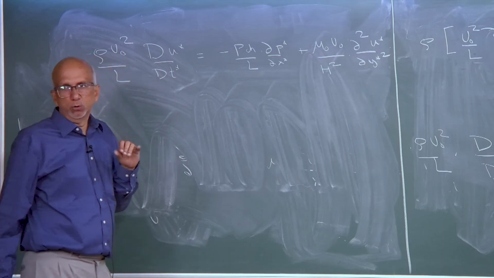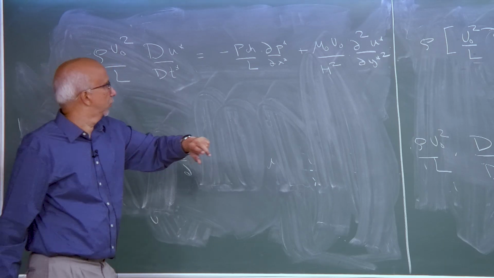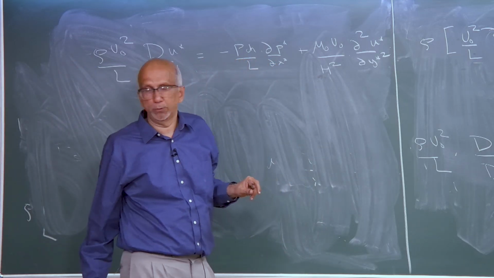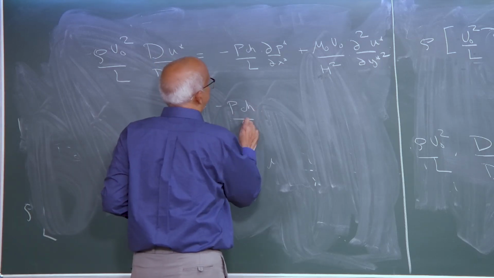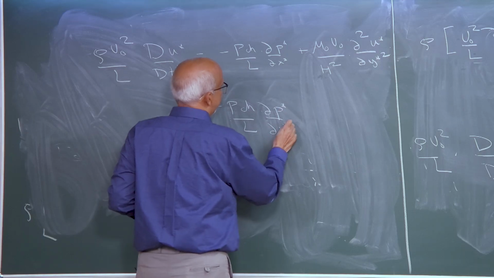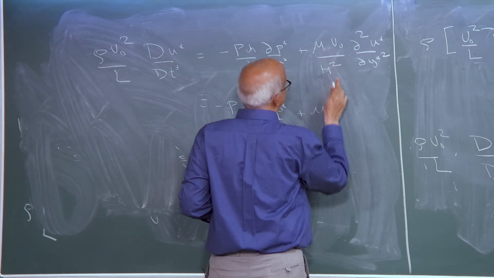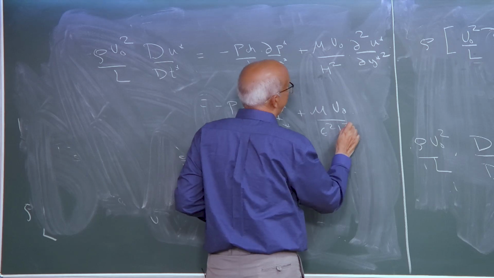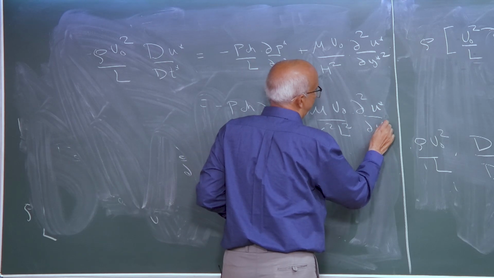Now what I like to do, since I have an h, I have an L, I like to write everything in terms of L. And so h is epsilon L, okay. So I am going to write this as minus P characteristic by L dp star by dx star plus mu u naught by epsilon squared L squared d squared u star by dy star squared.